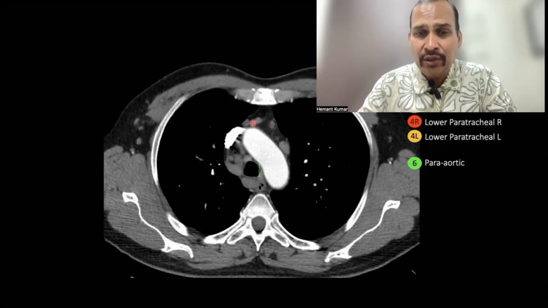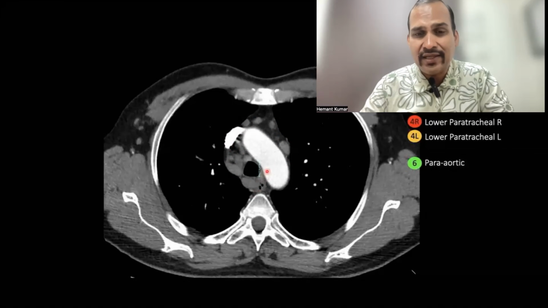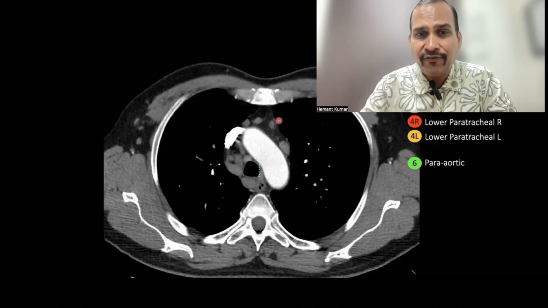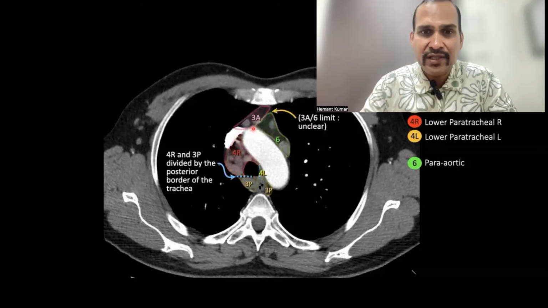Anterior to the arch of aorta is para-aortic, station 6. Behind the trachea is retrotracheal. In front of the trachea and vessels is prevascular, 3A. So 3A, 6, 4L, 3P, and 4R. So you can identify them clearly.